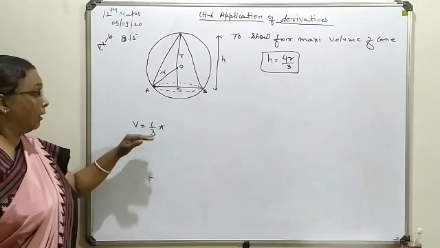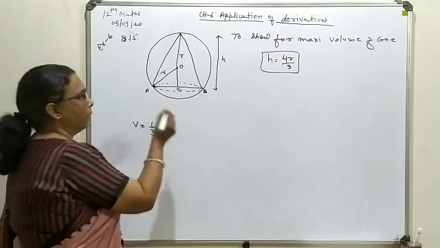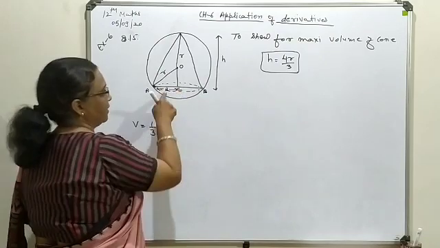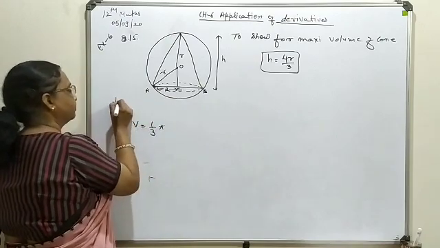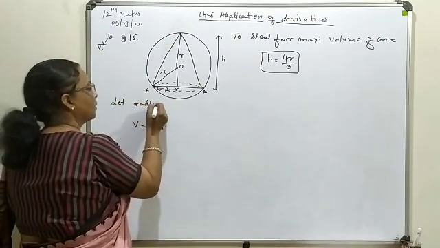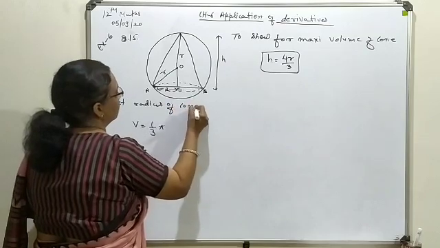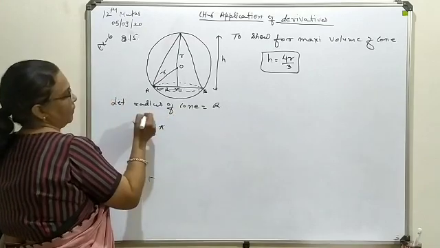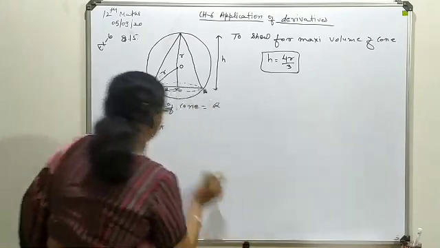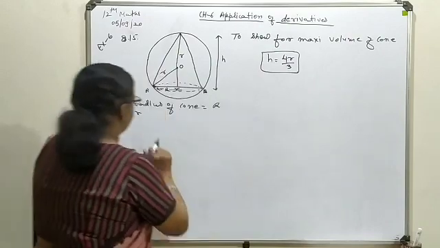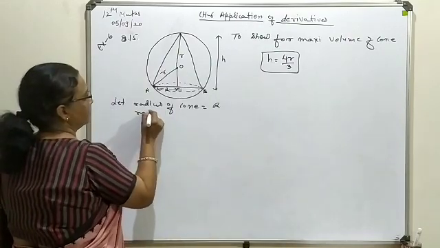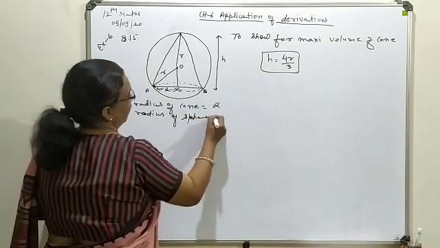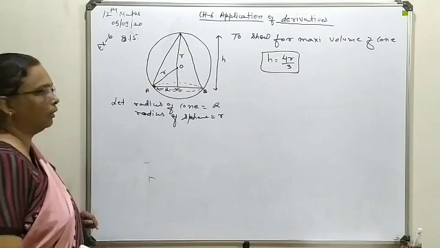So here AC, the radius of the cone, we will take as capital R. Let the radius of the cone be capital R, whereas the radius of the sphere, just for reference, is small r.